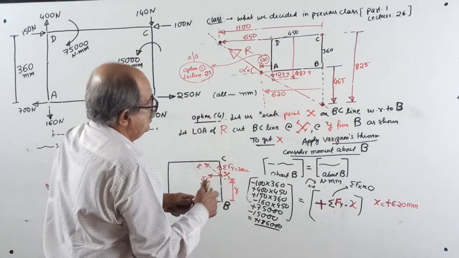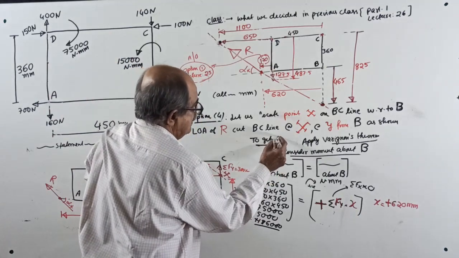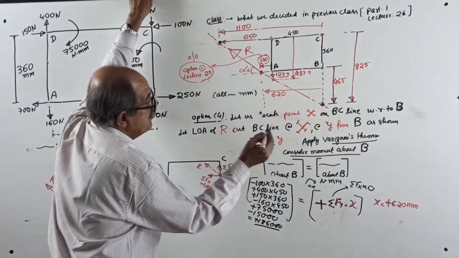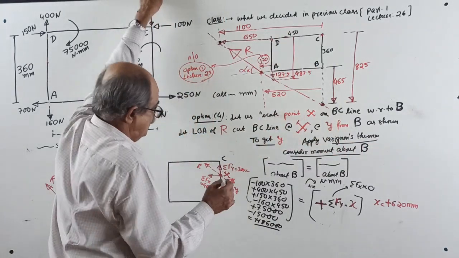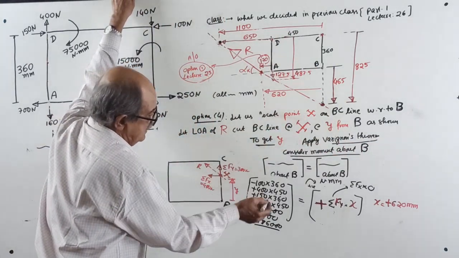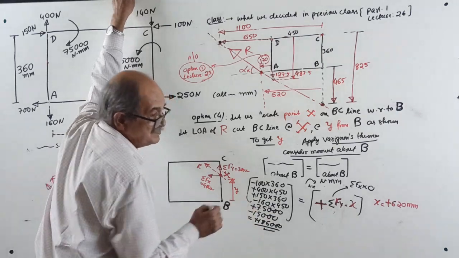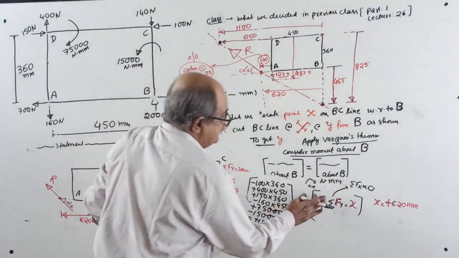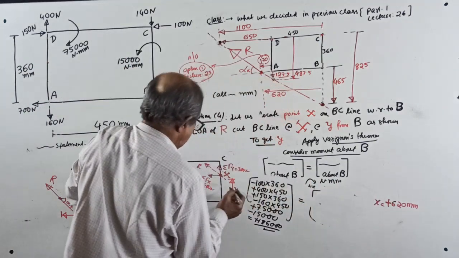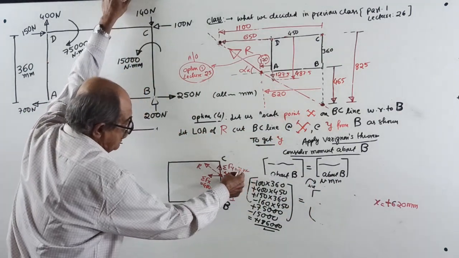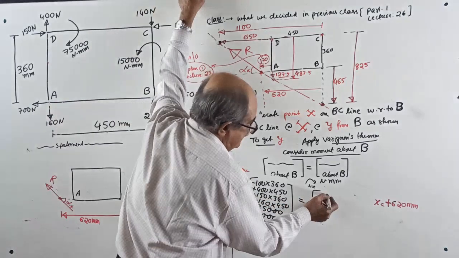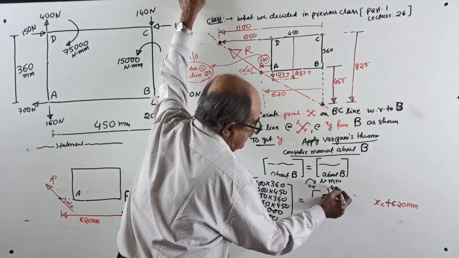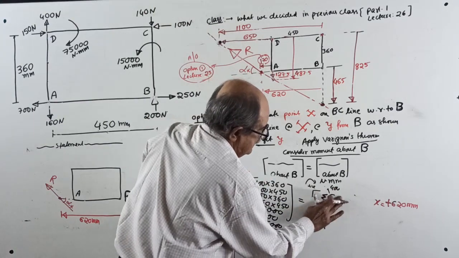Now, to get y, apply Varignon's theorem. Once again, take moment about B only, because with respect to B you are doing. Therefore, this will remain same, but that side will become, when you take moment about here, sigma Fx into y. Sigma Fx is 400 into y.